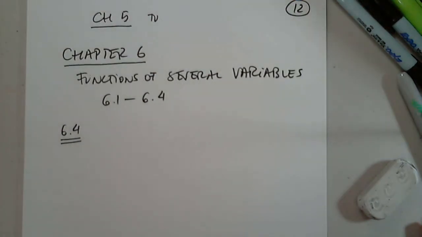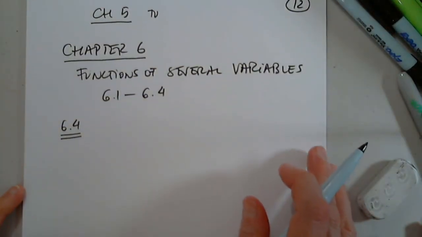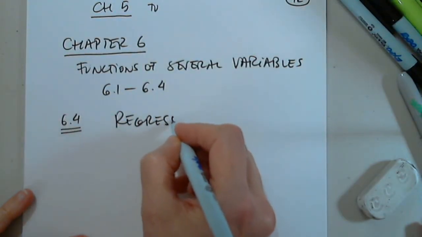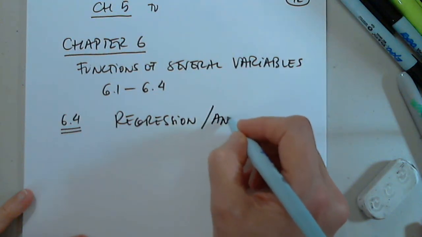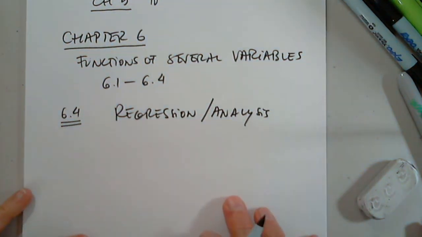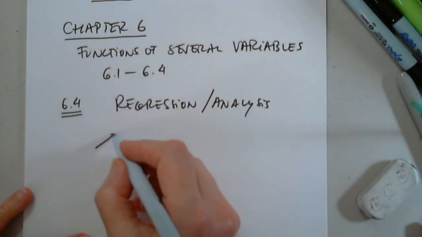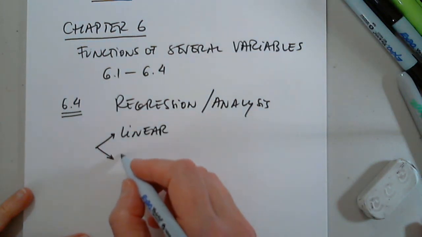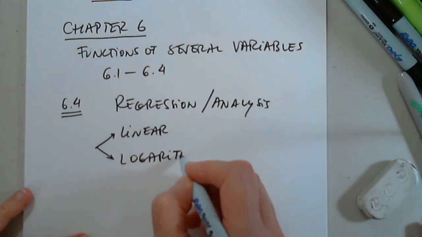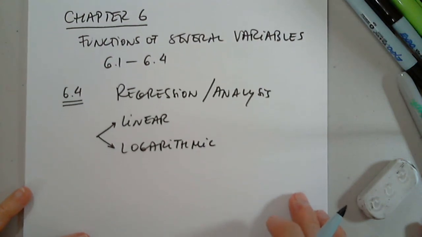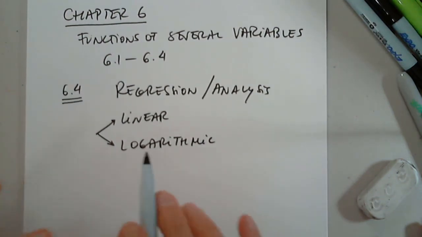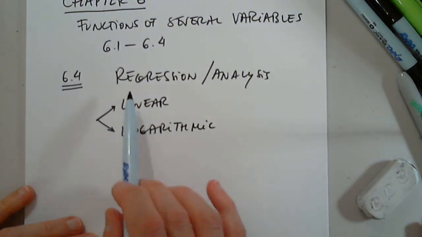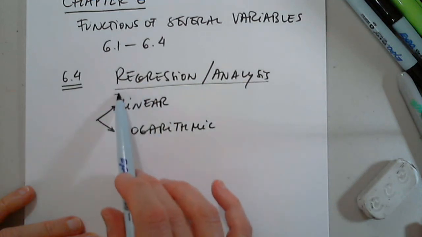Now, what 6.4 is all about is what it's called regression, or regression analysis. And we're going to look at 2 different types, linear and logarithmic. It's really not a big deal. We're not going to do any calculations by hand, but I need to explain why the regression analysis is in this chapter.